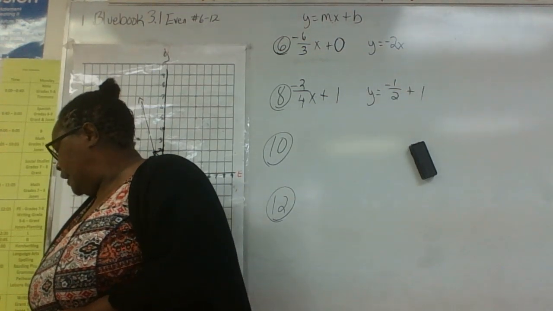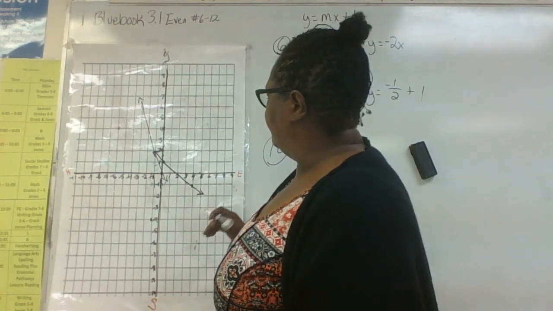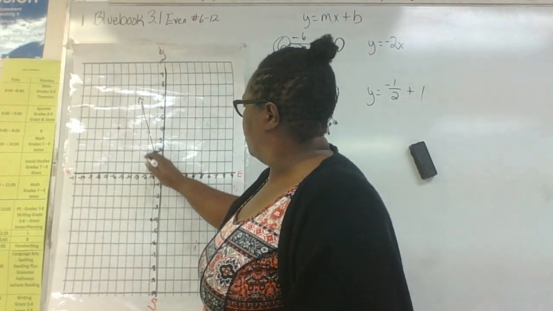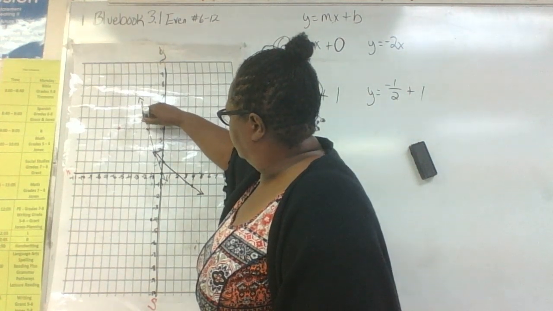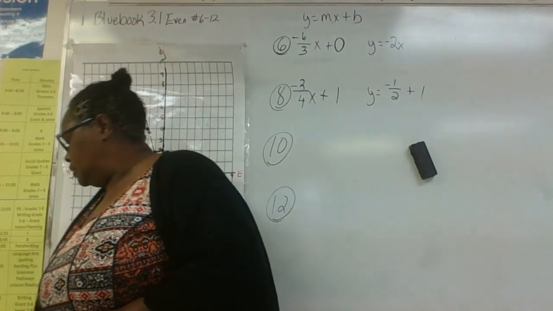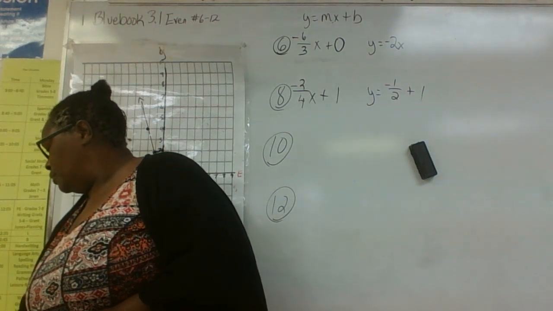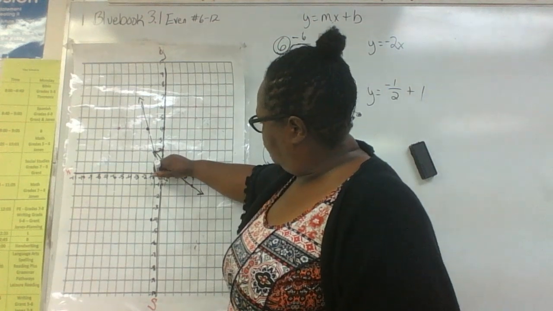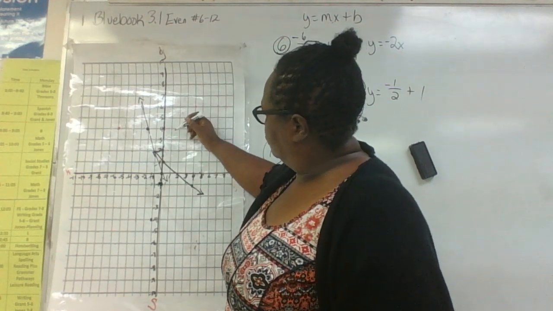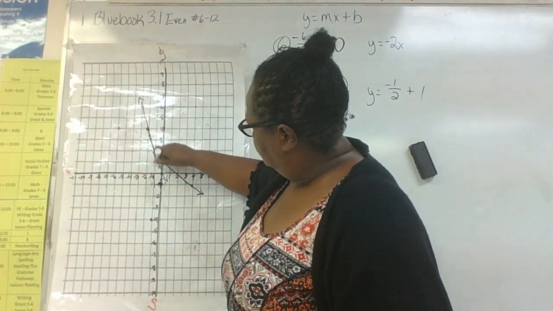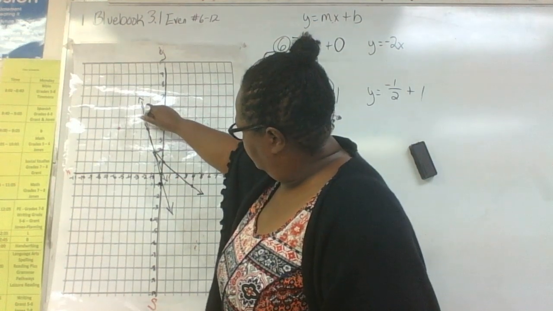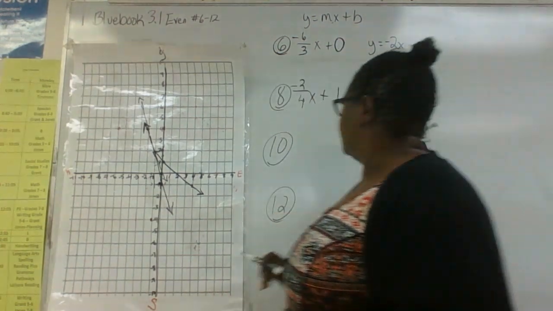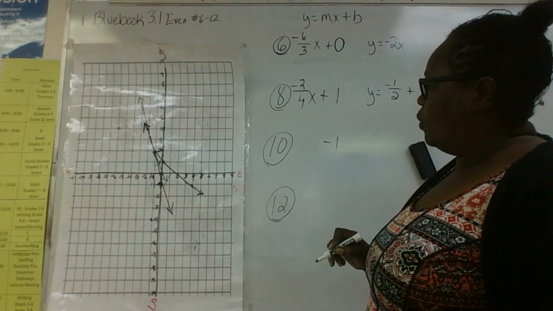Okay, let's look at line 10. On line 10, we have -2, 4, which is here. And then on number 10, we have 0, -1, which is here. Now when we connect these points, there we are. First of all, we cross at -1. That's our y-intercept.